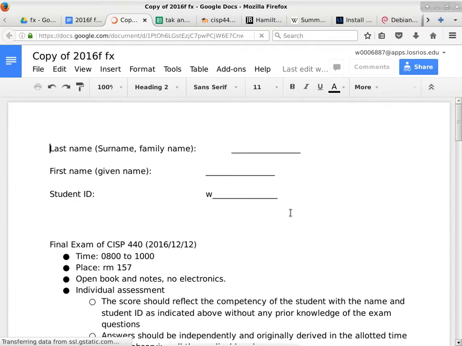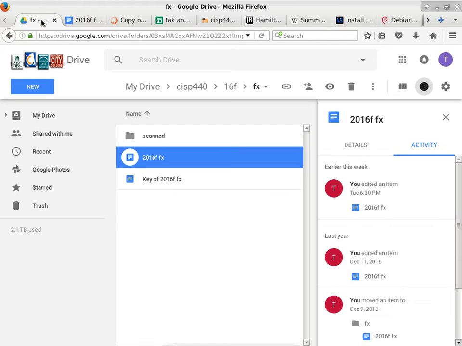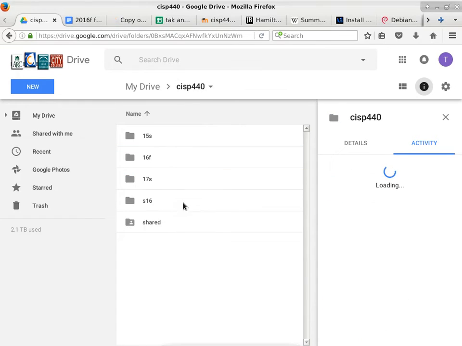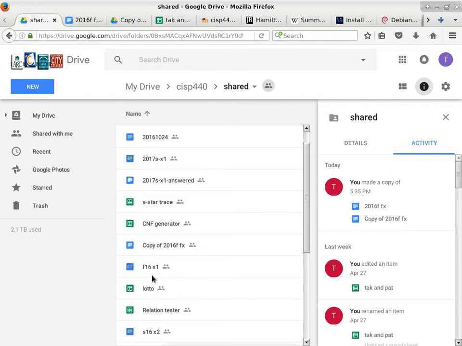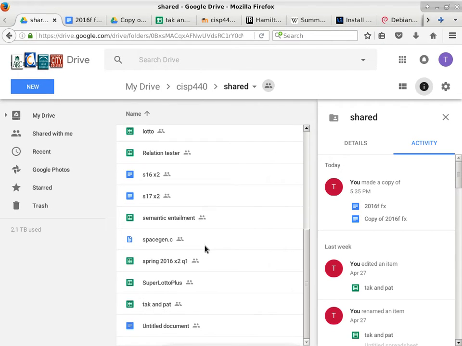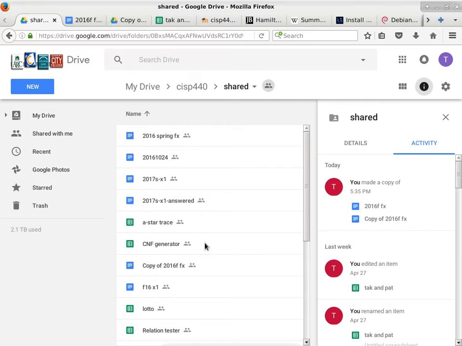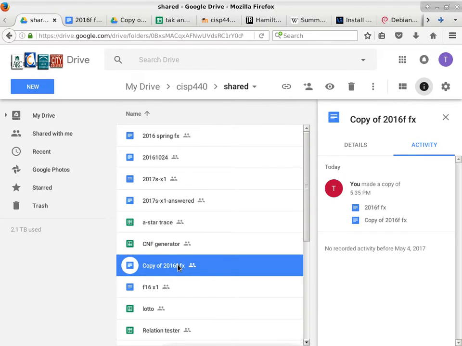All right. So I think you should be able to see it now. I'm just going to double check, make sure that I can see it in the shared folder first. It's the F16 fall 16 final exam. Copy of, oh, there we go, excellent. So it is there.